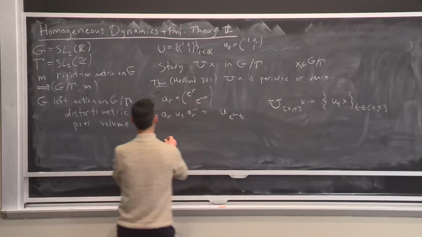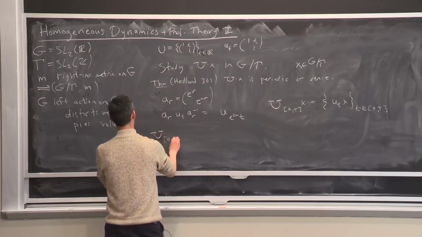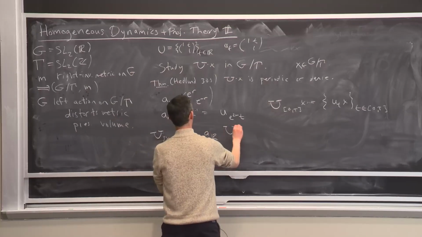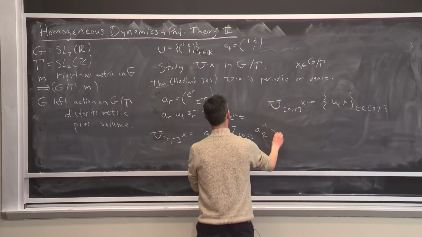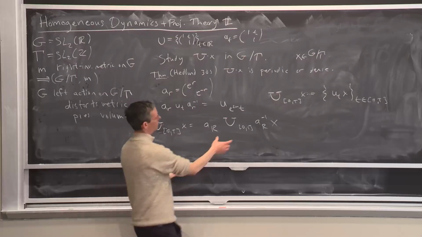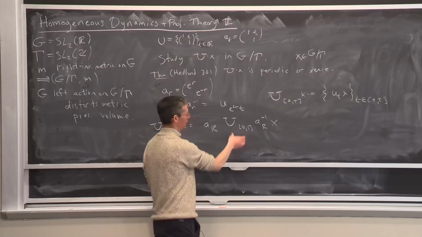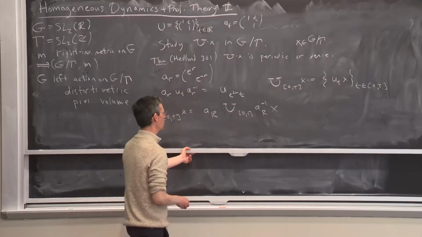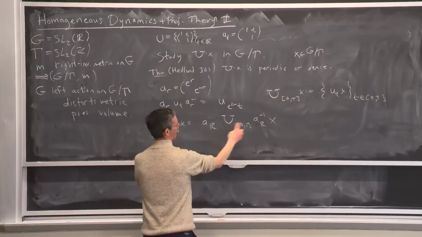And this observation tells us that u_{[0,T]} of x is a_r u_{[0,1]} a_r inverse of x. And this is helpful because this u_{[0,1]} is much less intimidating than u_{[0,T]}. So this here is just a little piece of the orbit. And so to understand a big orbit, we have to understand how this a_r acts on a little orbit.